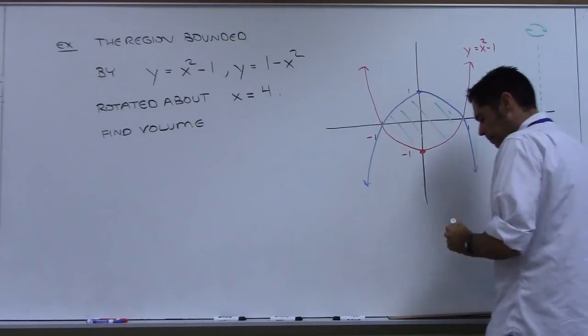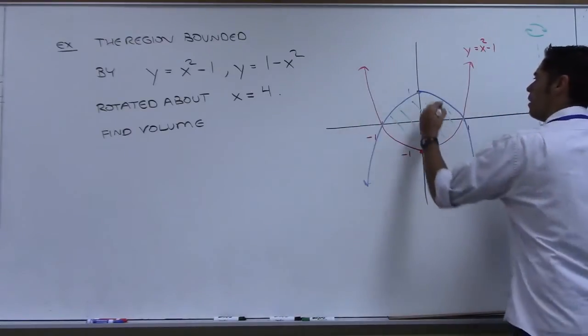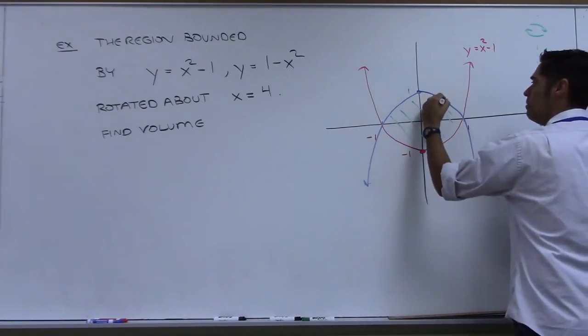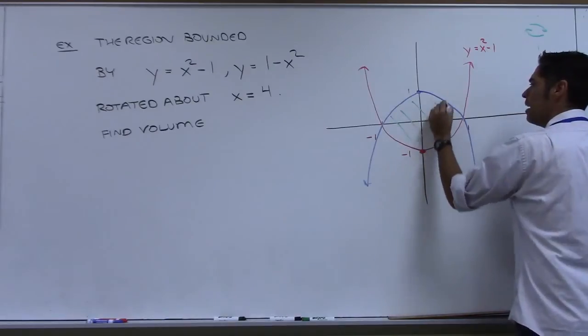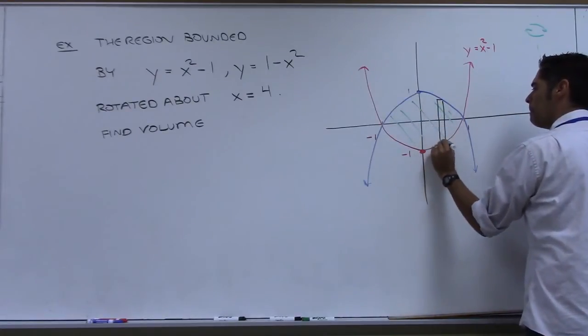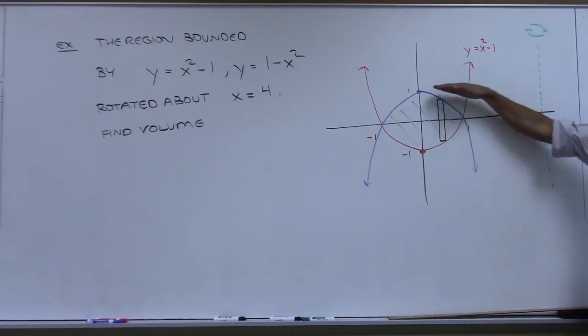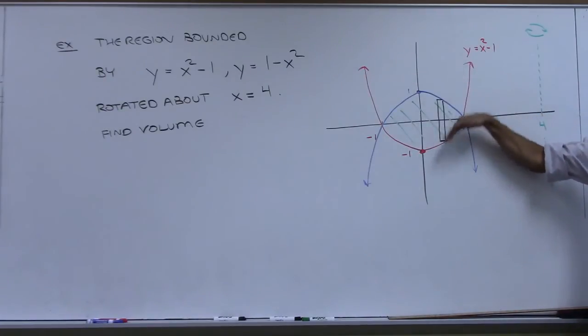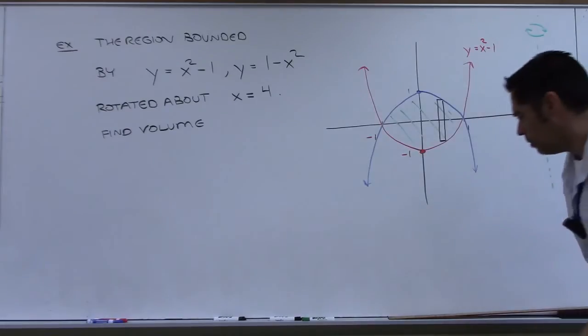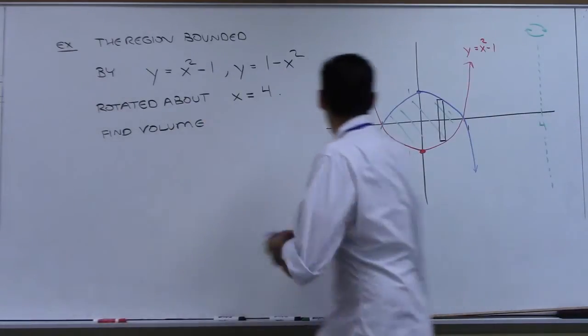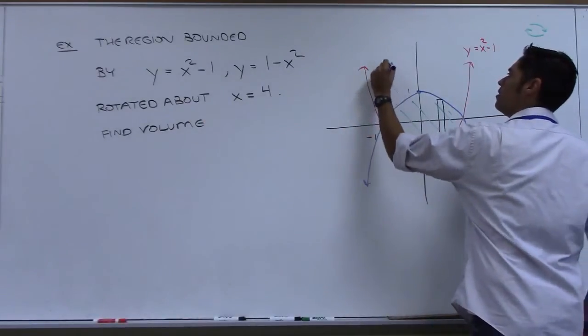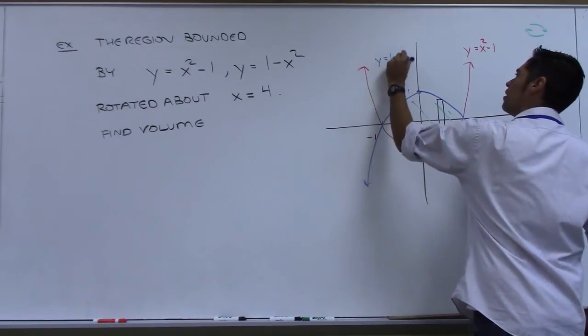So to do that, I'm going to pick some arbitrary rectangle in here. In the formula, I need to know a top and a bottom function, don't I? Which I've got. This one is y equals 1 minus x squared.